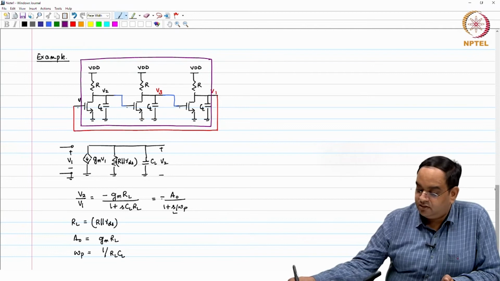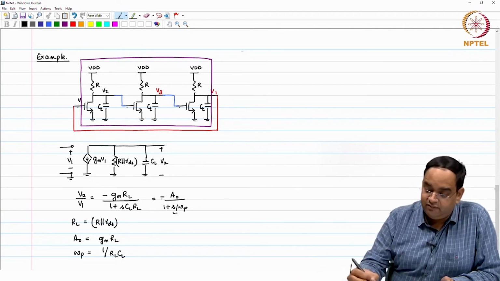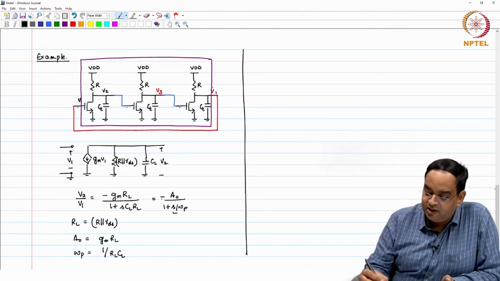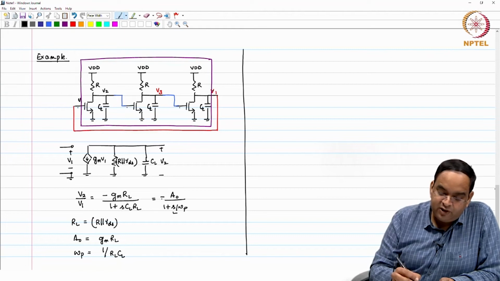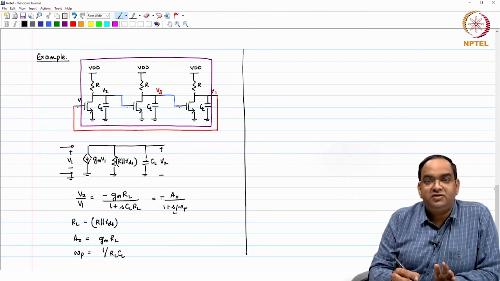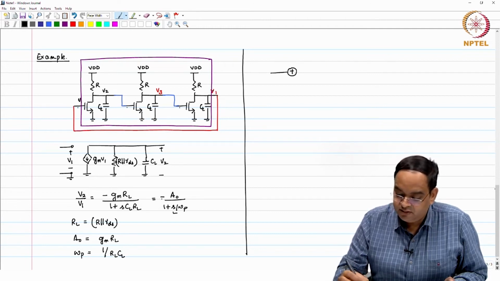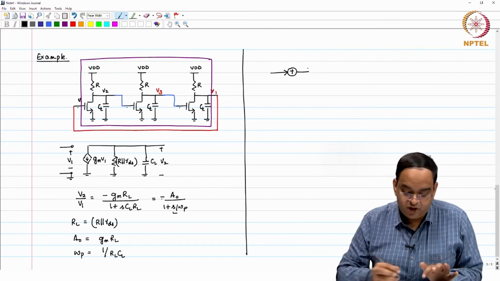This is the block which we have. For this particular block, if you think about it, we are connecting the output of the last stage back to the first stage. Okay. So, I am going to model this using our small signal model.